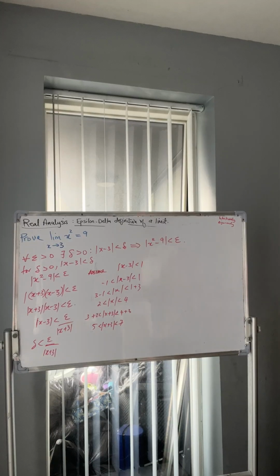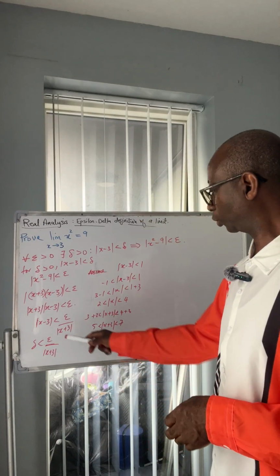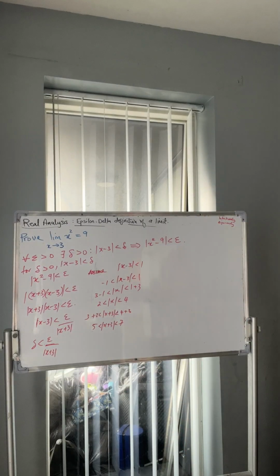Because we have x plus 3 here, we need to do something about it. Correct. So we now have 5 less than x plus 3 and less than 7.